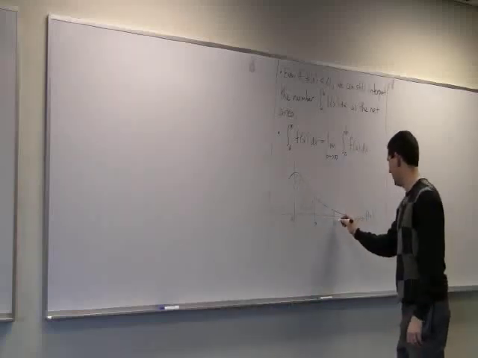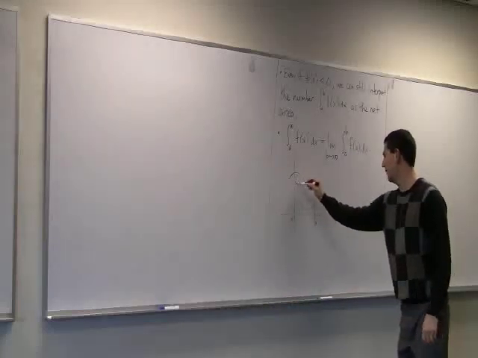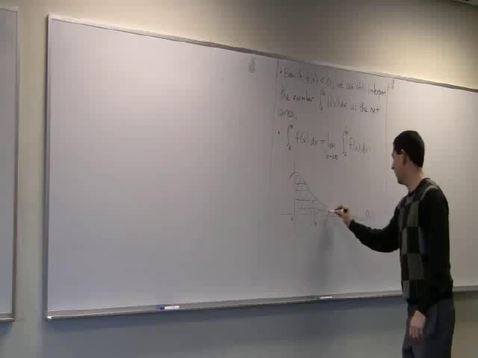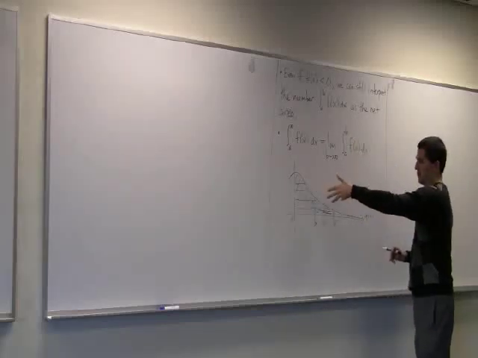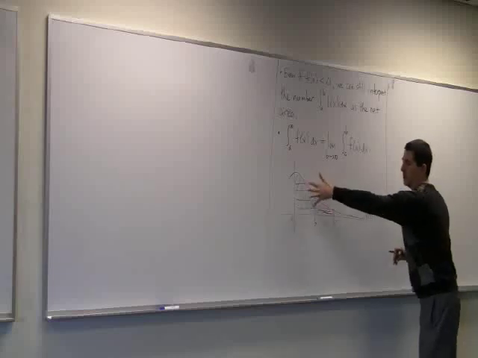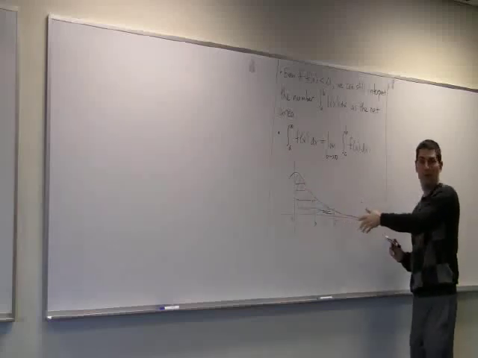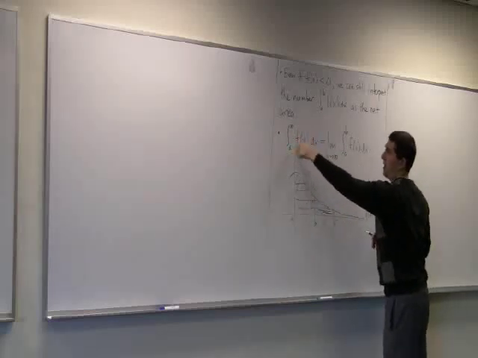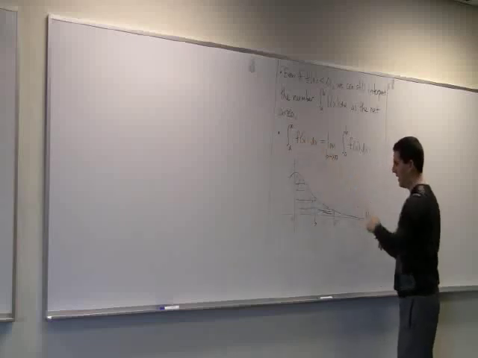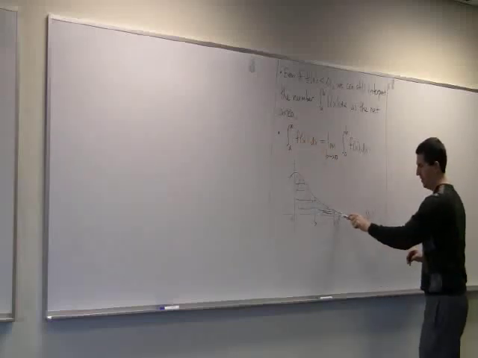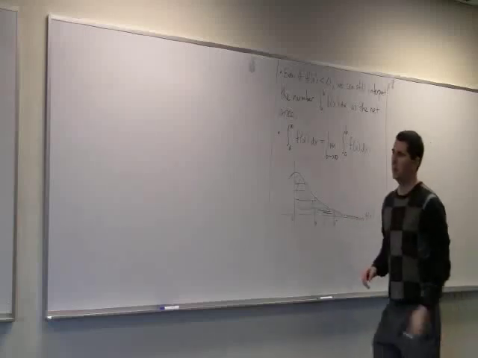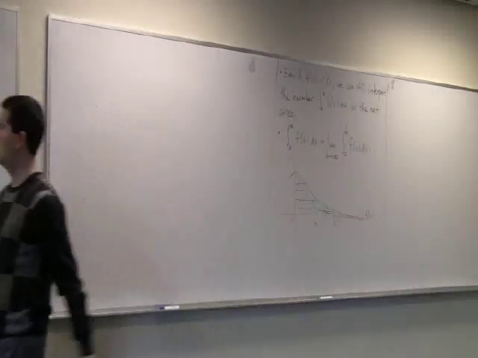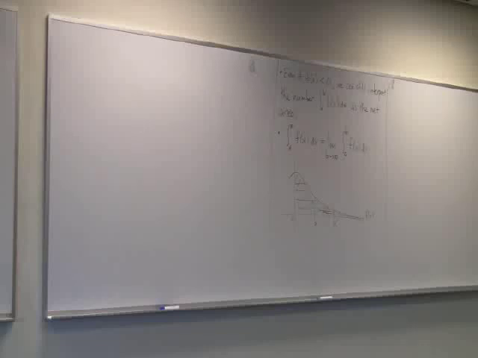You can put a b double prime out here, right? And then you'll get all this area as well. Okay, so each time you choose some b, you get more and more area under this curve. And this symbol here, a to infinity f of x dx, is just saying take the limit as this b goes to infinity. So it's very similar to what we did with infinite series.